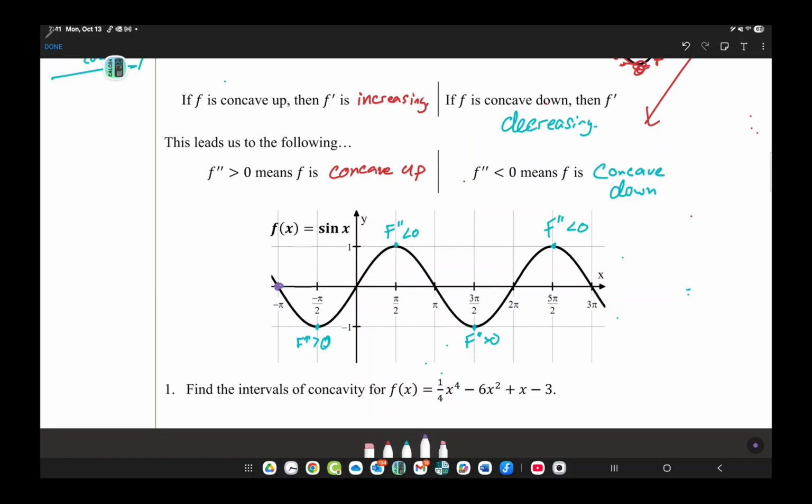At each of these points, and it just happens to be on the x-axis, this is not something that happens every time, the function changes from concave up to concave down. You can see where it goes from concave up, and then it is concave down. These points are called points of inflection, and that is where f double prime of x is equal to 0.